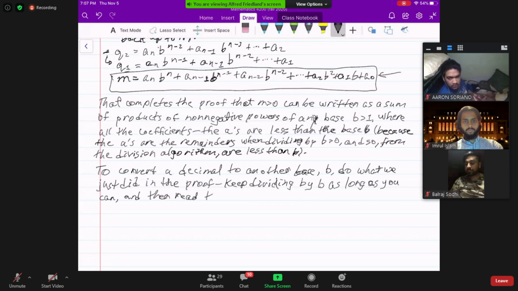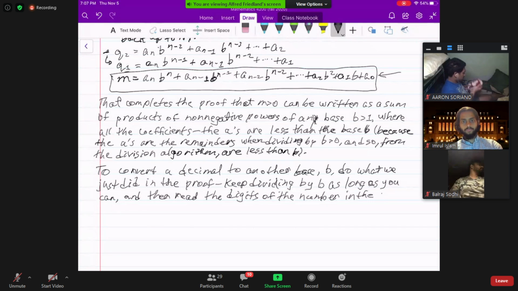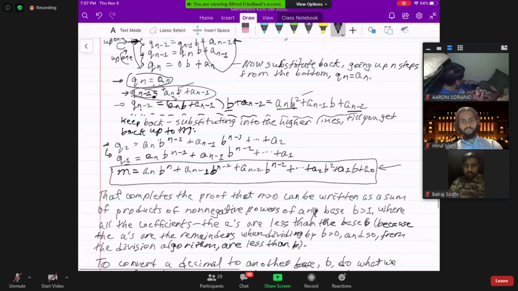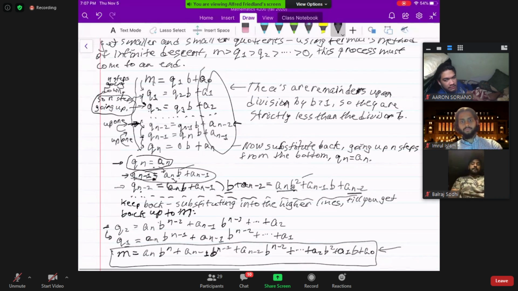And then read the digits of the resulting number, the number in the new base. Just the way we did over here. Look what we did. We worked back upwards. Look at what we got.